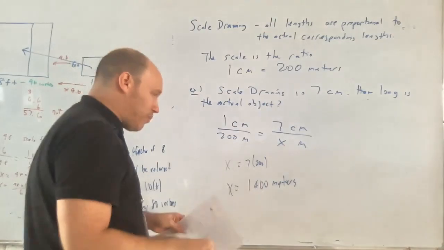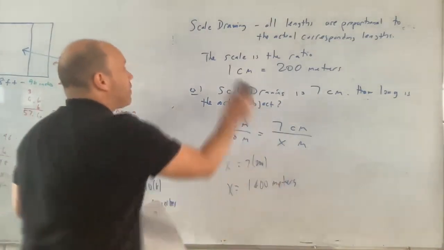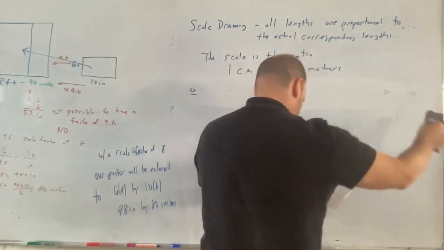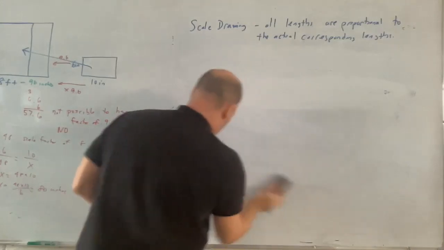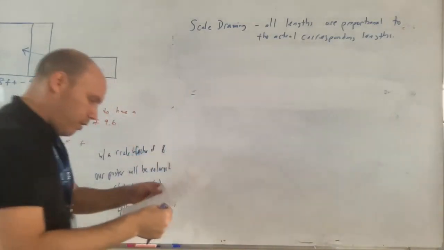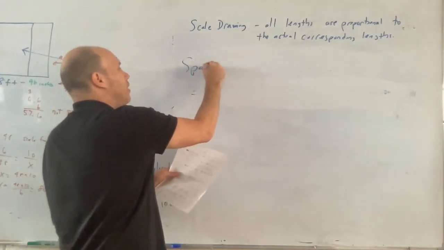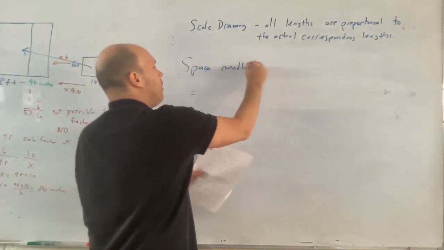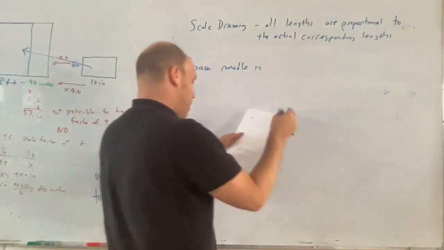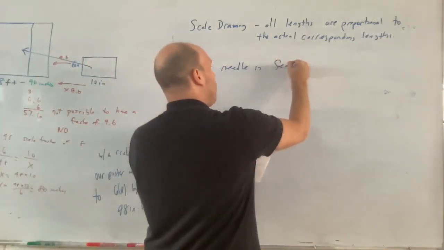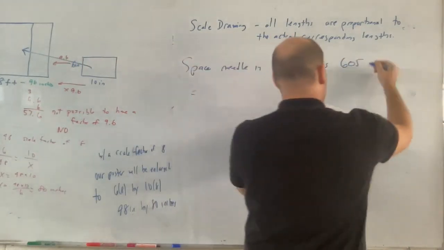Let's try the last problem. I'm going to erase this. So this is a two-part question. The Space Needle in Seattle is 605 feet tall.